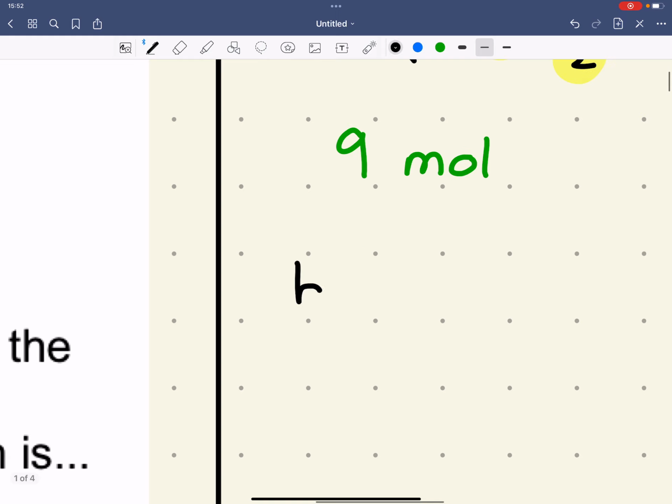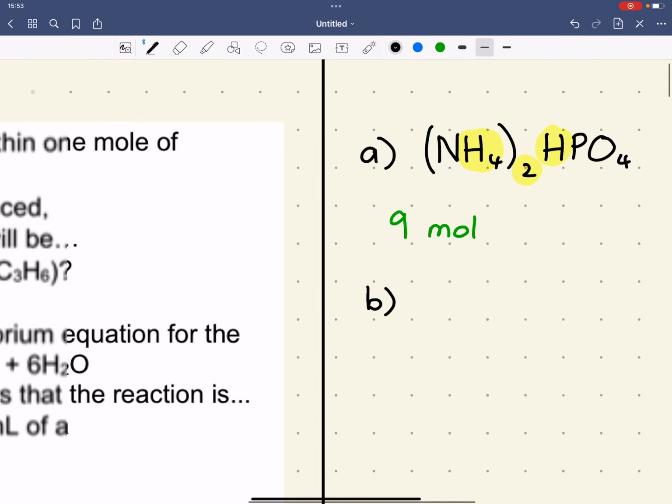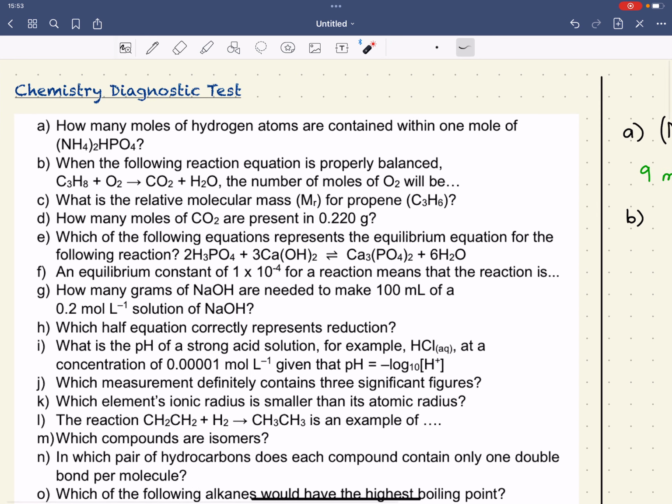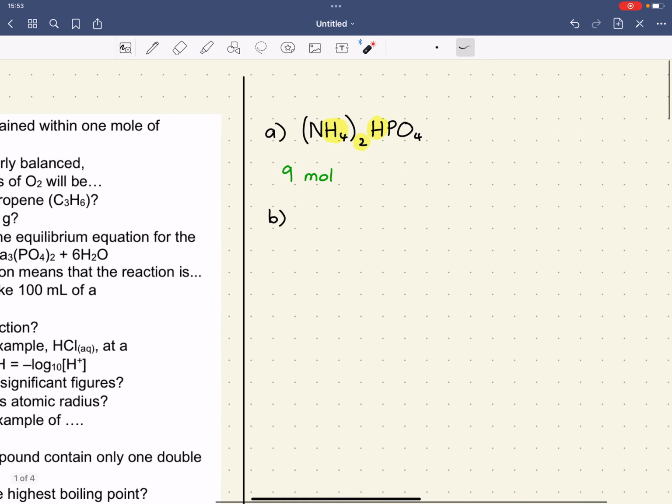B asks us to look at an equation, and when the equation is properly balanced, how many moles of oxygen will there be? So in effect, we've got to balance this equation, and once balanced, see how many moles of oxygen are present.